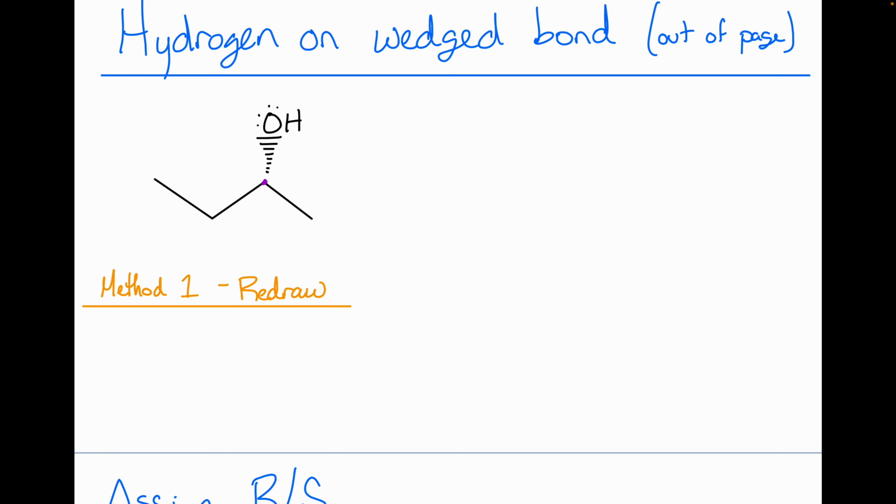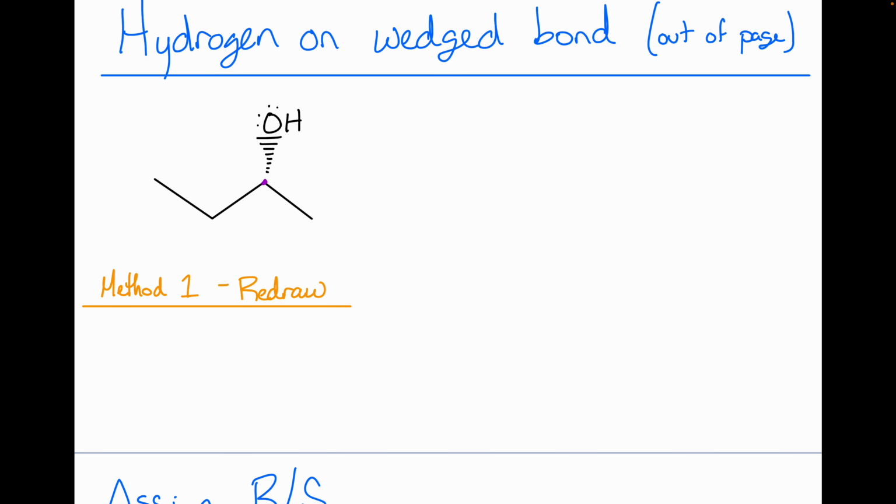All right, and again, model kits can be super helpful here. So let's look at our model kit for this. I have my oxygen pointing into the page here, which means that my hydrogen is sticking out at me. If I want to take this same molecule and redraw it such that the hydrogen is pointed into the page, I got to scoop it up like a pancake and flip it over.